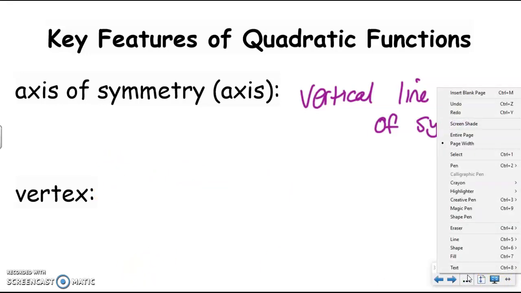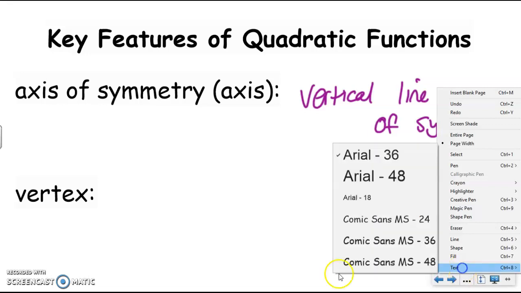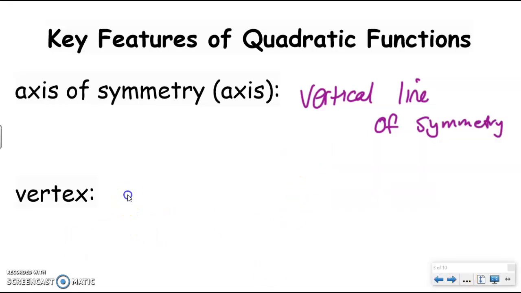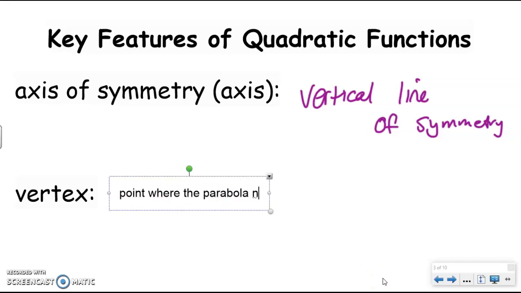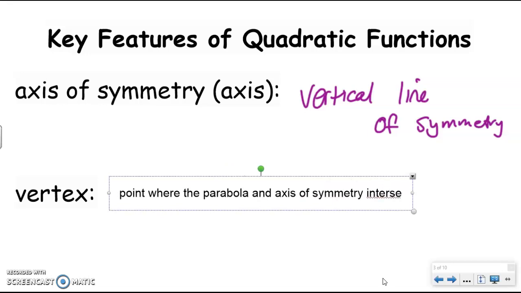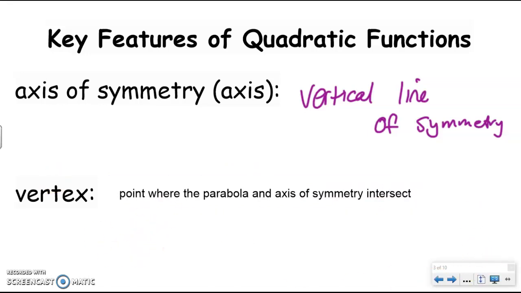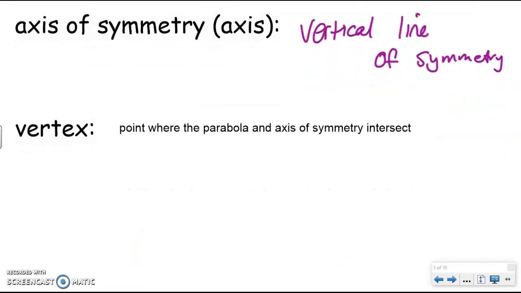But then you need to remember that the vertex is the point where the parabola and axis of symmetry intersect. Okay, so key features you need to know. You should be good there.